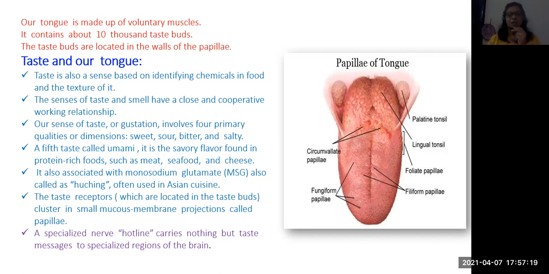Yummy taste. And that yummy taste came from the Japanese word, umami, savory, which is a fluid type. When we put it on the tongue, it slowly dissolves and then you feel a very favorable taste.